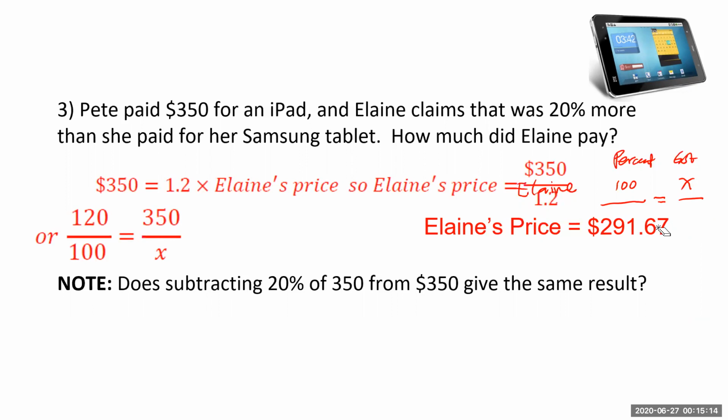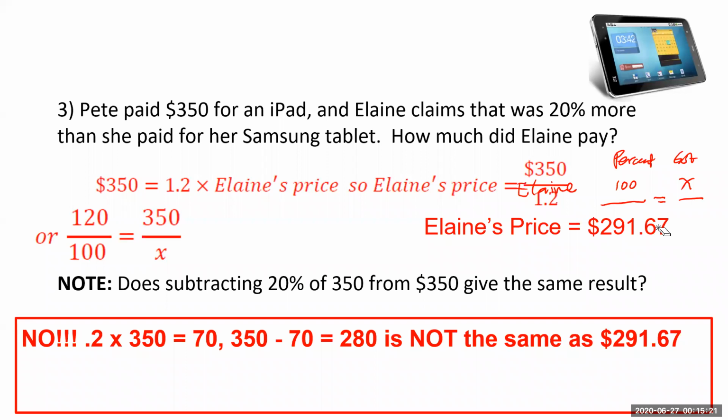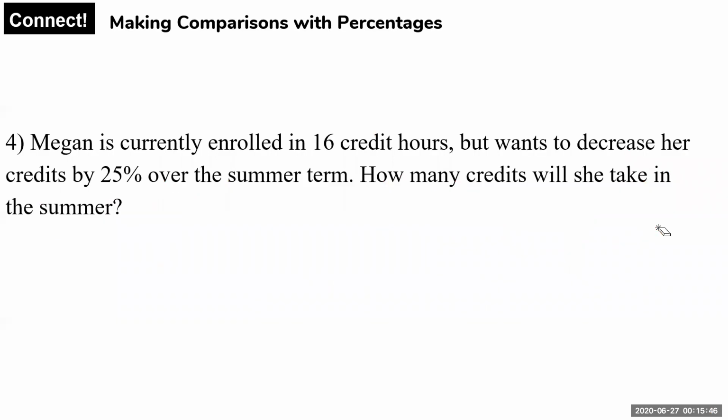Now, if you did 20% of 350 and subtracted the result from 350, you wouldn't get the same answer. Sometimes when you just want to do the percentage of the amount, add or subtract, there are limitations, but the process I'm taking you through really works almost all the time. So you have to be careful and mindful how you approach these kinds of problems. Okay, nice. So that's the question.